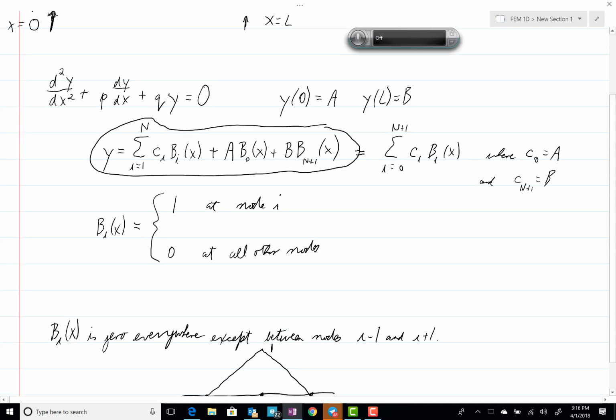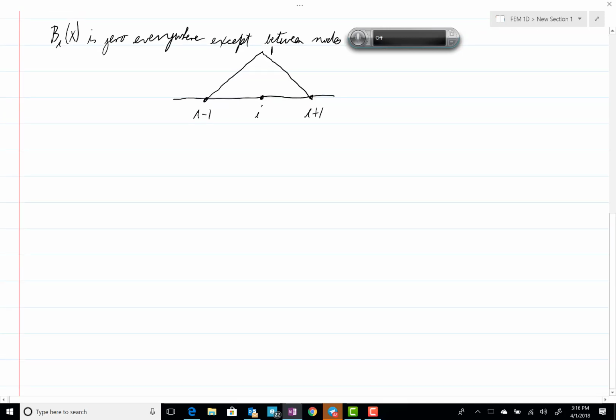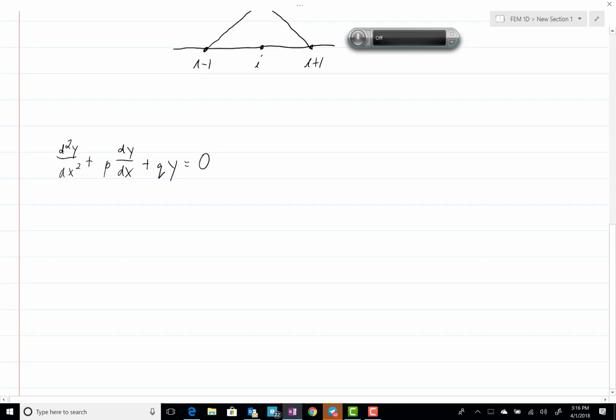So again, our differential equation is d squared y dx squared plus p dy dx plus q y is equal to 0. And later on, we can do problems with forcing functions as well.